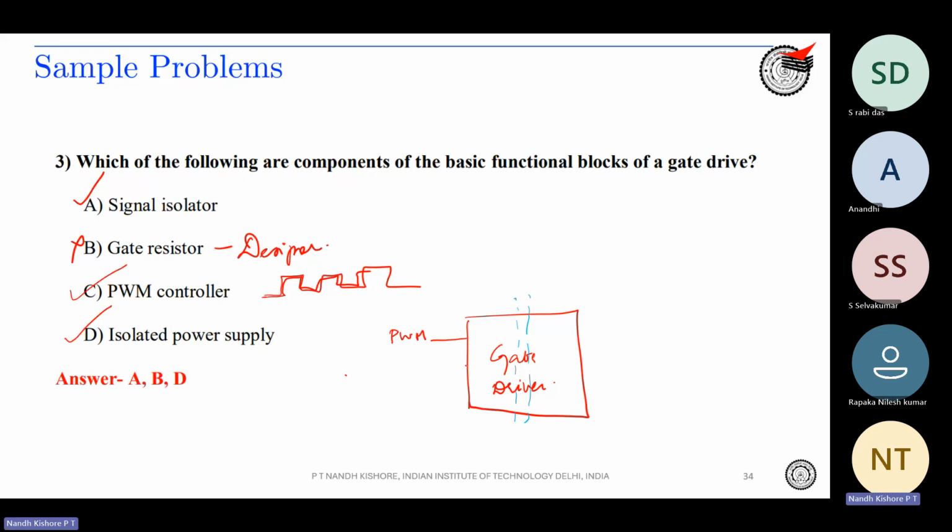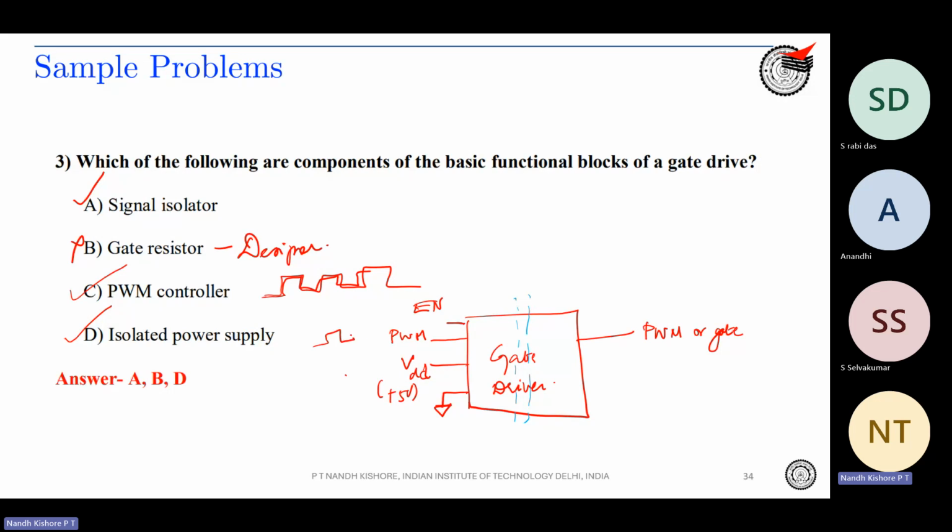There will be the PWM pulse, and you need to give, let's say, some power supply VDD, probably plus 5 volts, just for the gate driver to operate, right? And there will be some enable signals and so on. And on the other side, you will be getting the boosted PWM or gate signals. The same PWM that you give, 0 to 3.3 volts, will be boosted to -5 to +18, right?